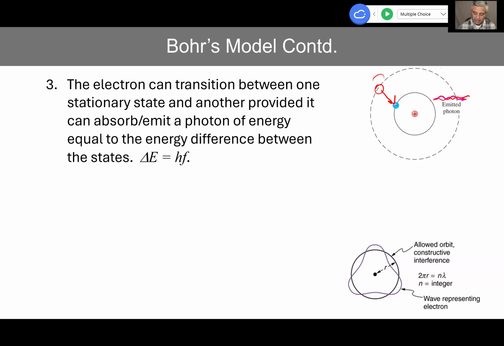It had higher energy when it was at a higher level, and when it comes down to a lower level, it has new energy and emits energy in the form of a packet of energy, which we call a photon.